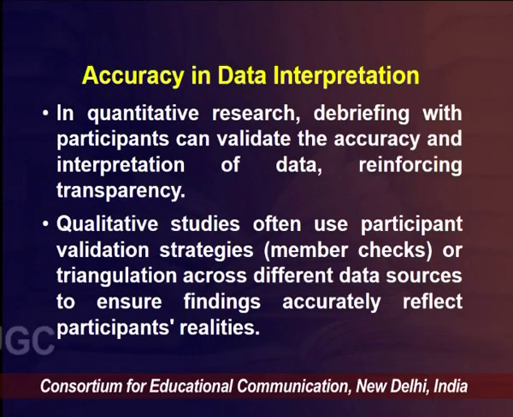Qualitative studies often use participants' validation strategies, member checks, or triangulation across different data sources to ensure findings accurately reflect participants' realities. So, it could be that the same questions are asked to different sets of people, and triangulating those questions to figure out how authentic the data revealed are.